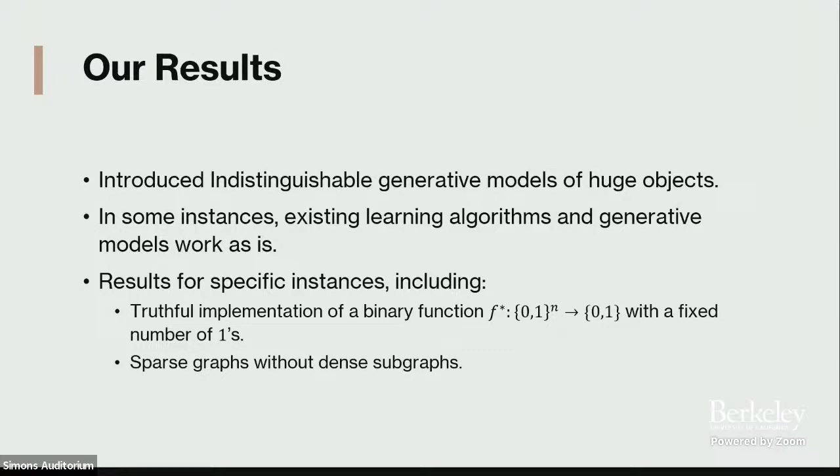It is more complex because you need to track exactly how many ones you gave to any subset of your set, but at the same time be similar to your input function. And also we show a result about sparse graphs that I'm going to talk about later on.